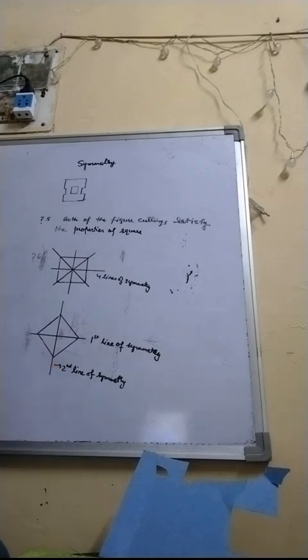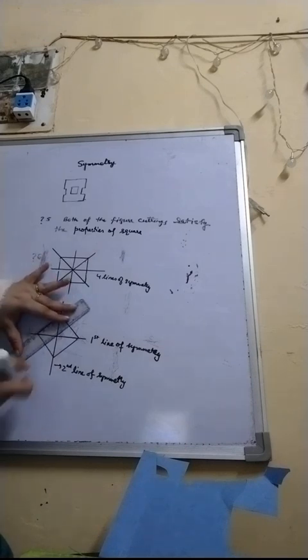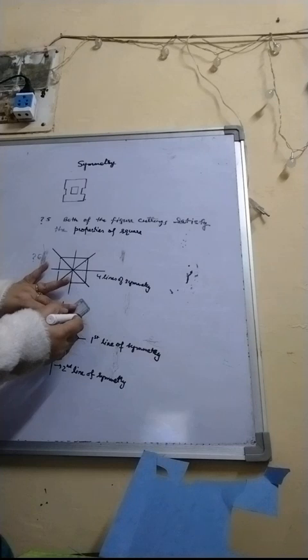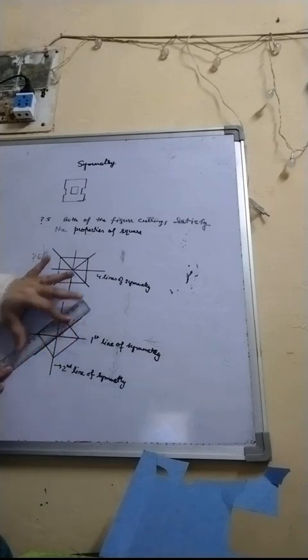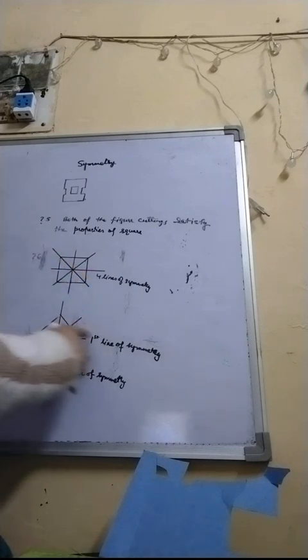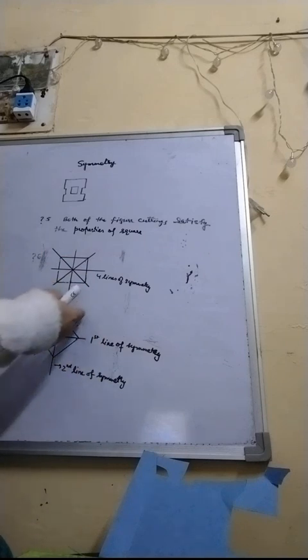What else? How can you divide this square? You can divide it by folding the mid of the sides. First we folded it along the corners. Now we are folding it along the sides.